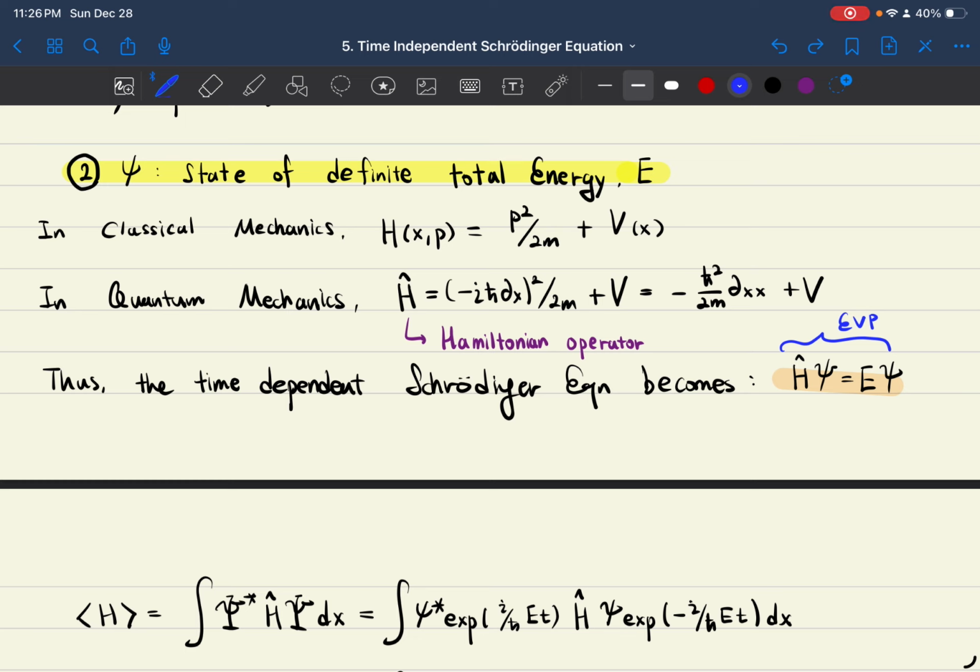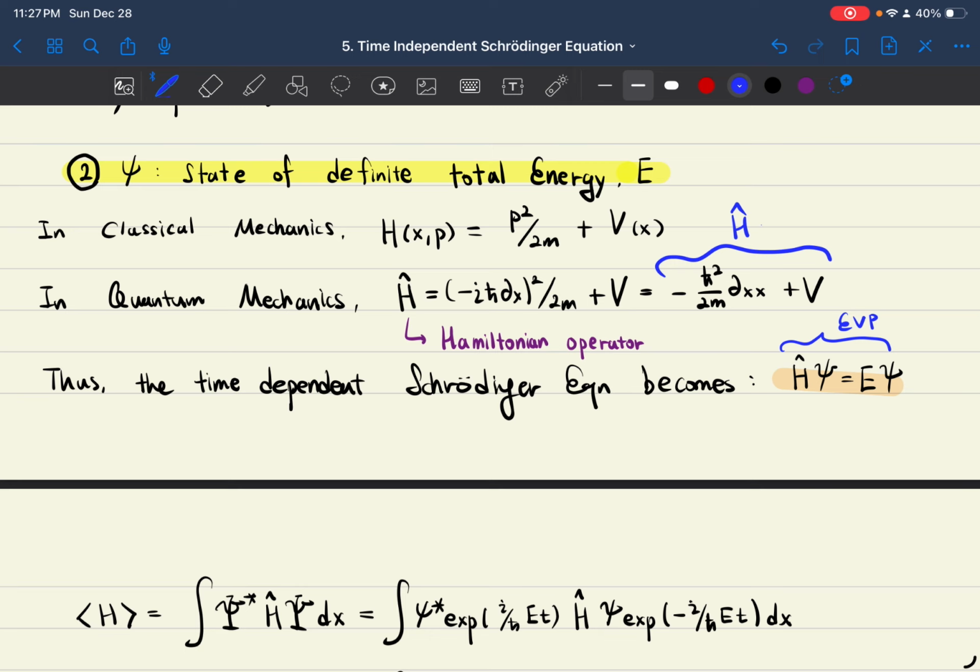We just plug the operator p into the classical Hamiltonian, namely the Hamiltonian operator H hat equals minus i h-bar partial x, which is the momentum operator, squared, divided by 2m, plus V, and this we get as the usual Hamiltonian operator.